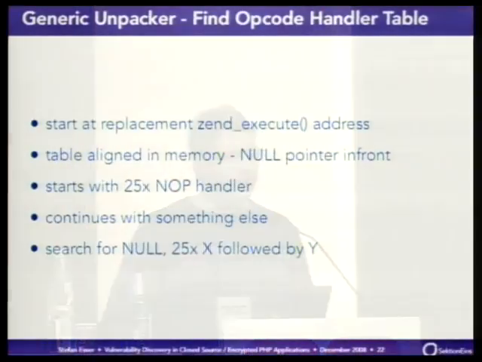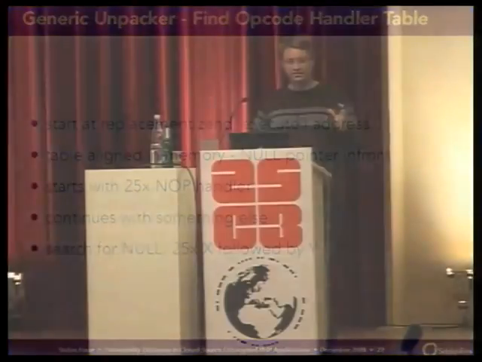I also know that the data segment is loaded directly after the code segment with these dynamic libraries, so I can just start scanning from the code pointer downward in memory, or upward, depending on how you like it. And then I search for this structure in memory. Actually finding the structure is very simple, because I know it's aligned in memory. That means the bytes before will always be null. So I search for a single null pointer and then for something else.